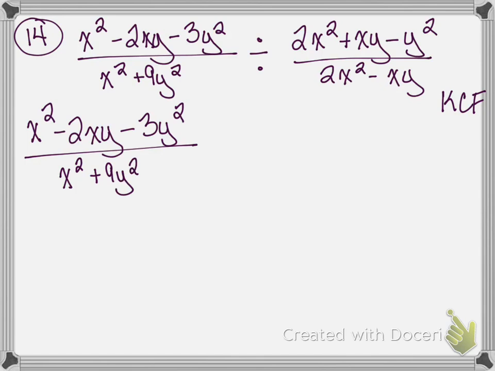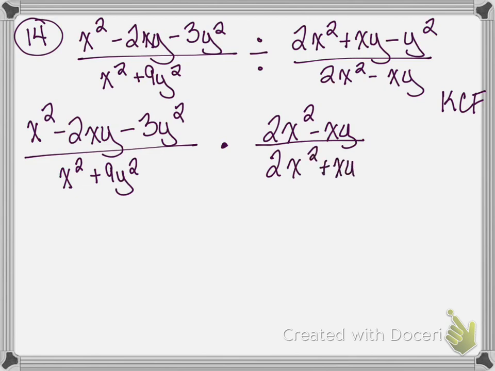So I keep that first rational. I change my division to multiplication, and I flip this. So I have 2x squared minus xy over 2x squared plus xy minus y squared.